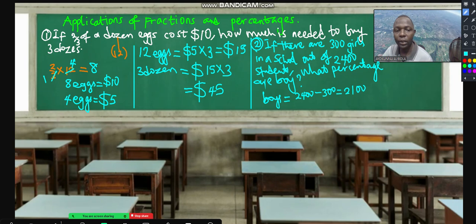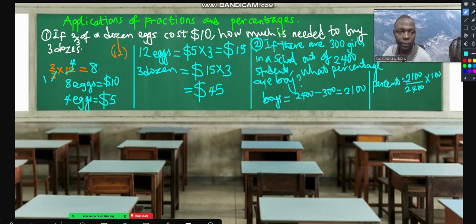So the percentage will be the number of boys, 2,100, over the total number, 2,400, times 100. So that is the percentage of boys in the school.